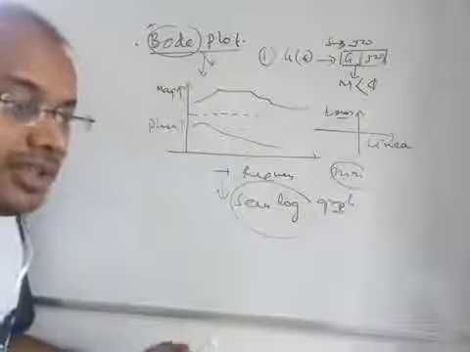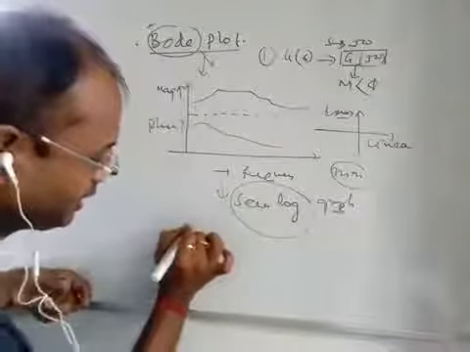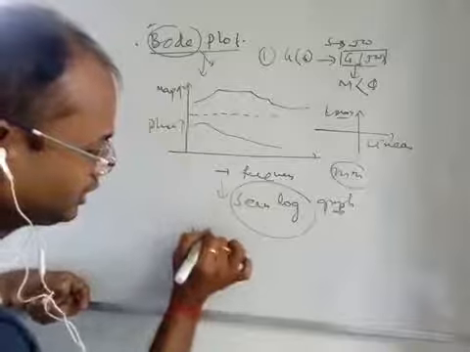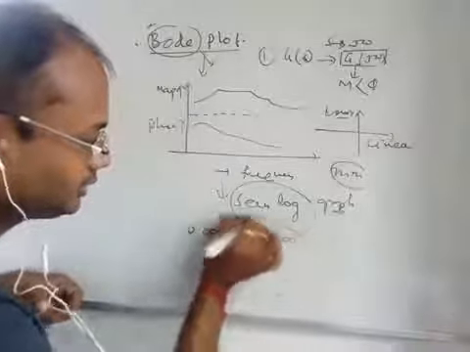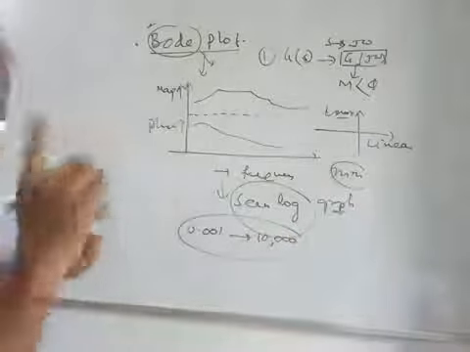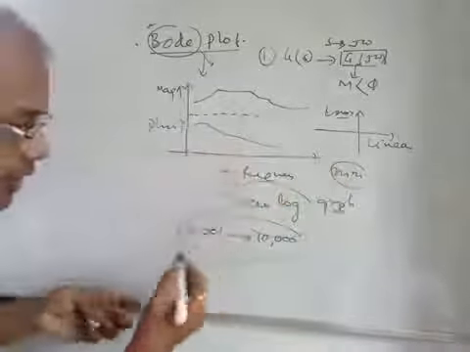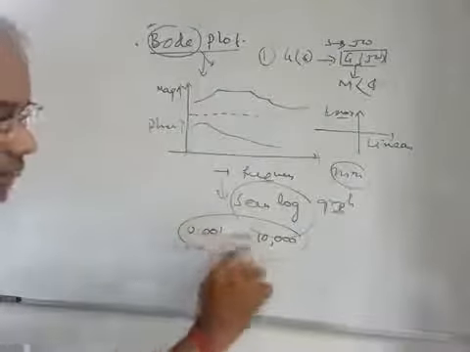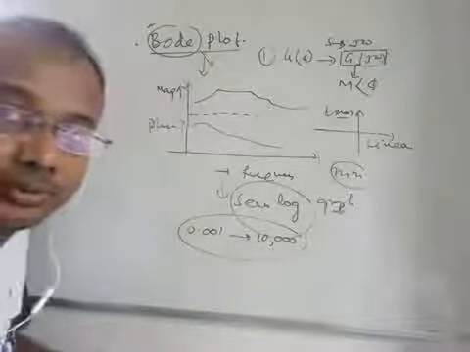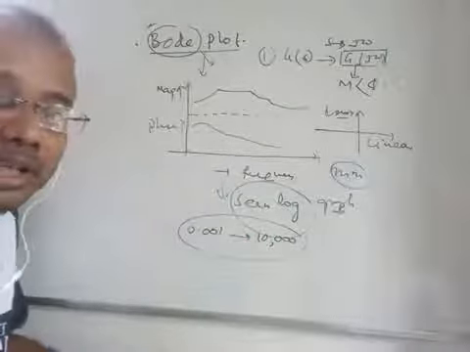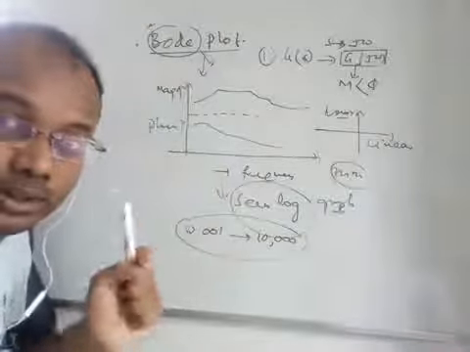Log means that whenever there is a large range, for example 0.001 to 10,000, say for the x-axis of any graph, is it possible to include all these points from 0.001 to 10,000 in a millimeter graph paper? No, this is not possible for any graph paper, because you have to scale the points on the axis.